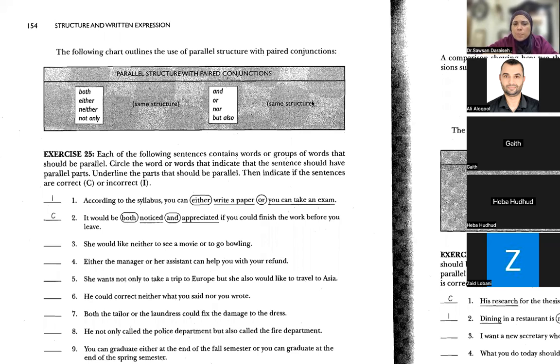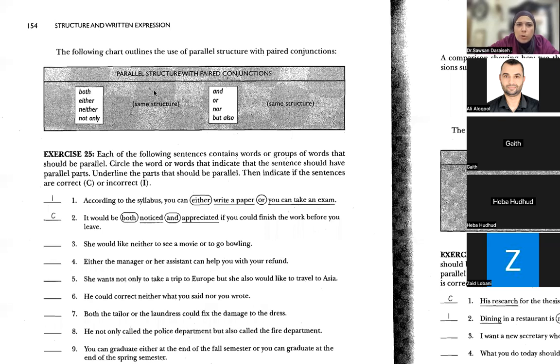The same goes for either, neither, not only, and the pair that works with them. We need the structure here to look like the structure here, not necessarily the same word, but the structure. So noun, noun, for example; clause, clause; adjective, adjective; prepositional phrase, etc. Are we all fine with this?